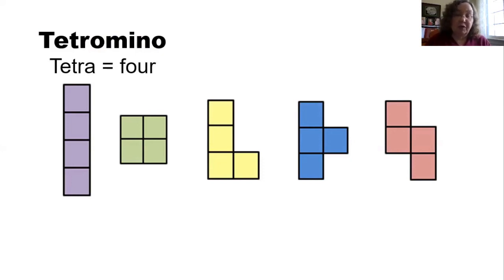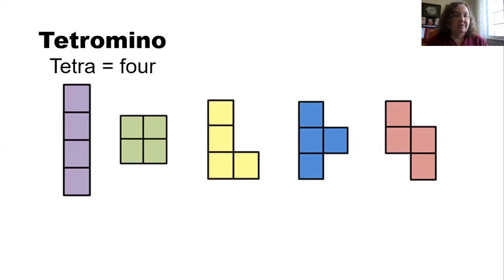It also has four square units in it. 1, 2, 3, 4. And the yellow, even though it's a different shape, it still has four. 1, 2, 3, 4. And the blue, count it with me, 1, 2, 3, 4. And the pink, 1, 2, 3, 4. All these tetrominoes have four square units in them, even if they are a little bit different shapes.